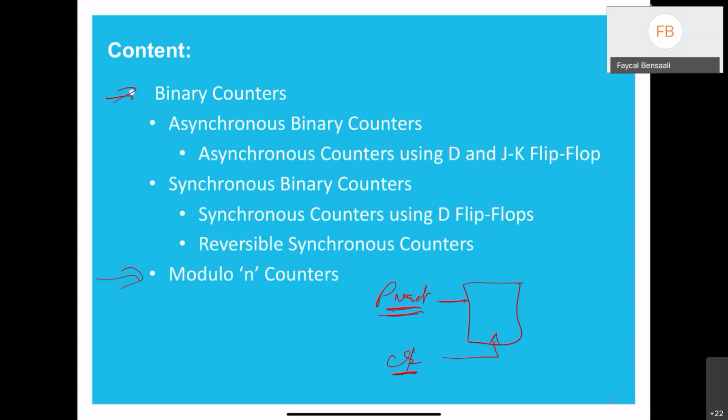The same here, when we say this is a synchronous counter, we are talking about the whole counter, not specific inputs. So we say this counter is asynchronous or synchronous, again related to the clock. Counters consist of flip-flops, D flip-flops or JK flip-flops, and all flip-flops require a clock.